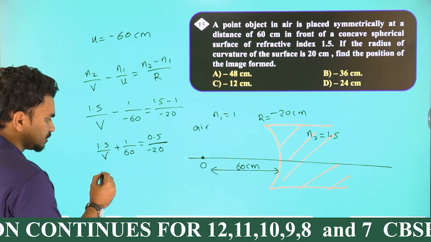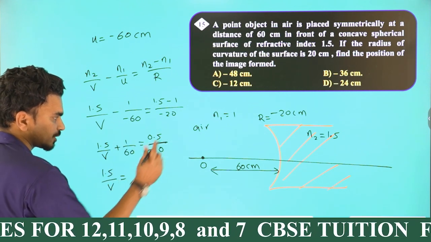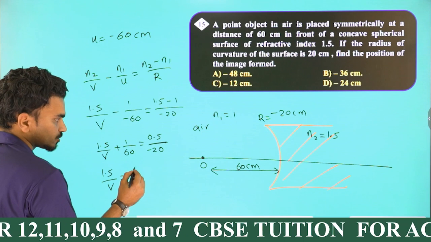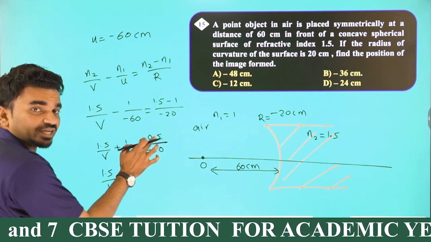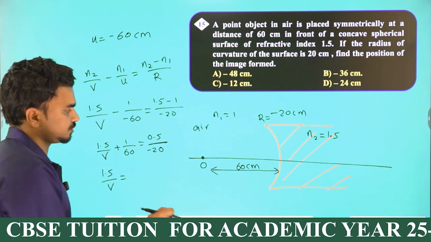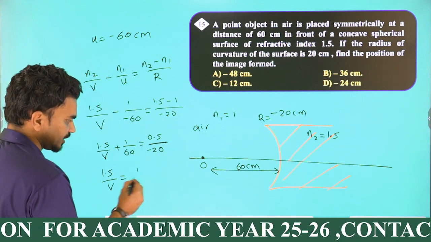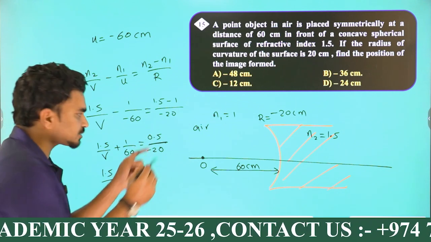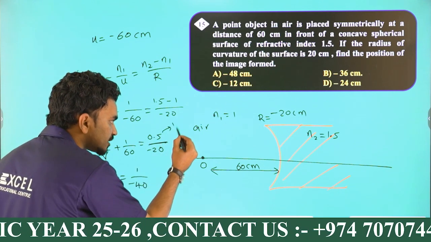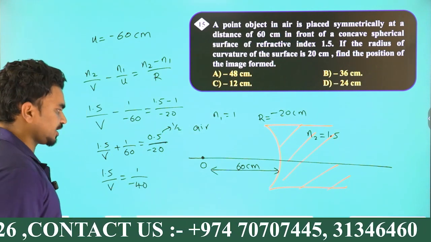Our aim is to find V, so transpose the 1 by 60 to the other side. 0.5 can be written as 1 by 2, and the 2 comes down and meets the 20, becoming minus 1 by 40.